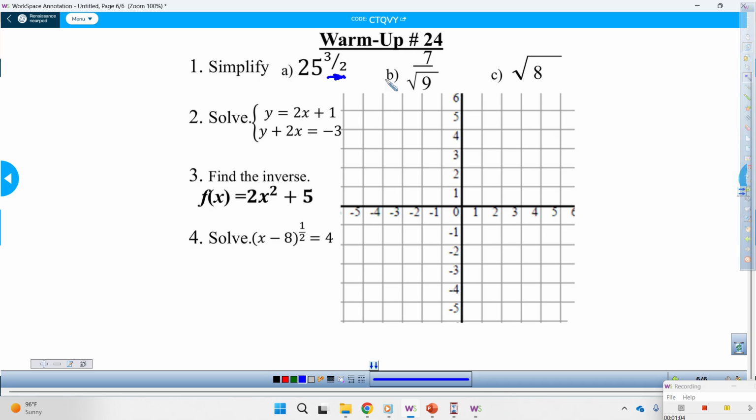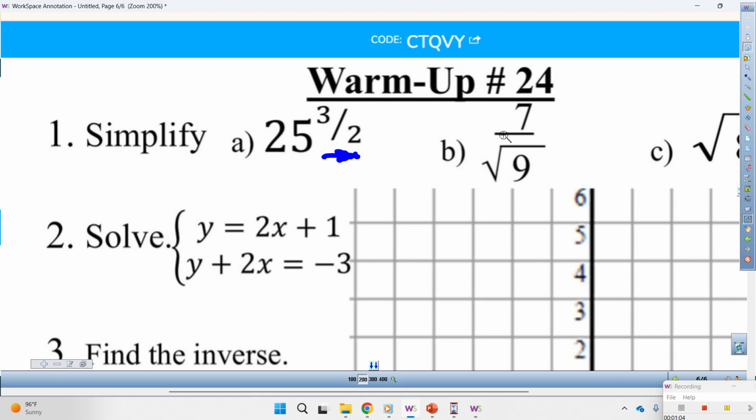Tell your neighbor, what number? All right, what number did you get, Alexa? Okay, help her out, Miguel. What was that number? 125. Hands if you got 125.